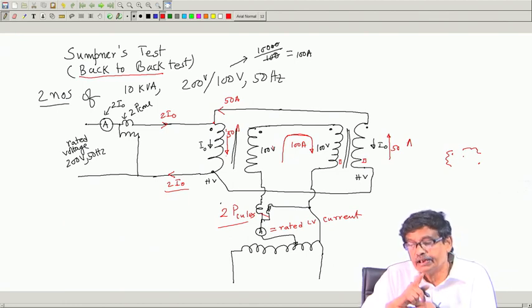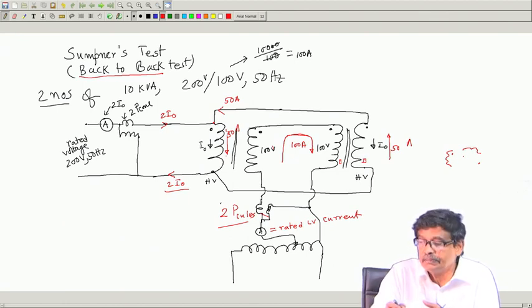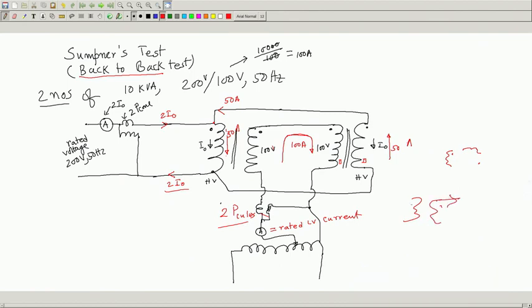The direction of the current is decided by the dots. If through the dots rated current is coming out, through the secondary, through the dots current will come out. And these concepts I have used not only for the 2 winding transformer, but also while analyzing the auto transformer.